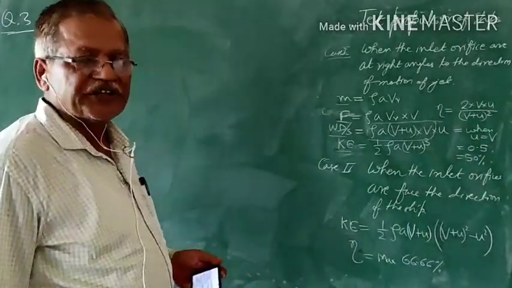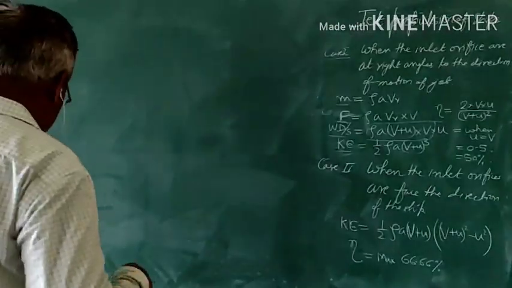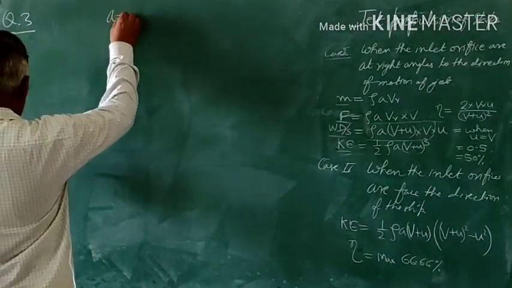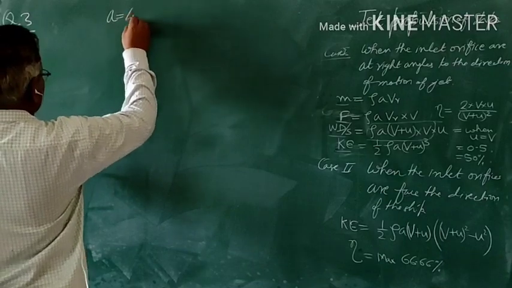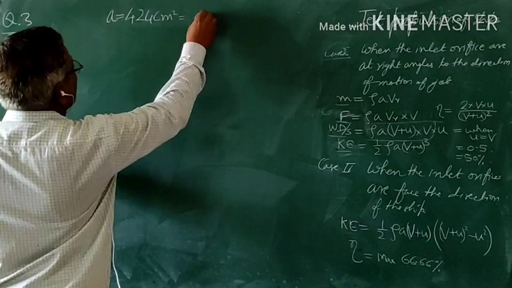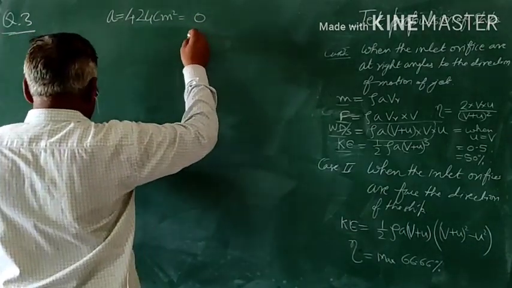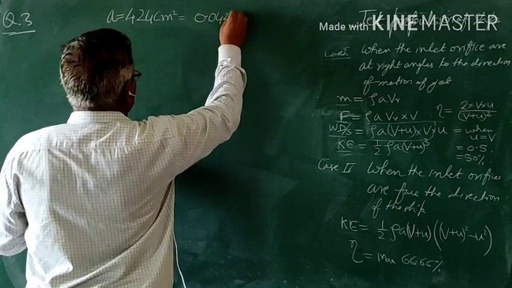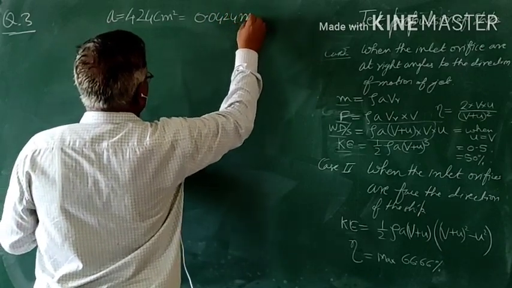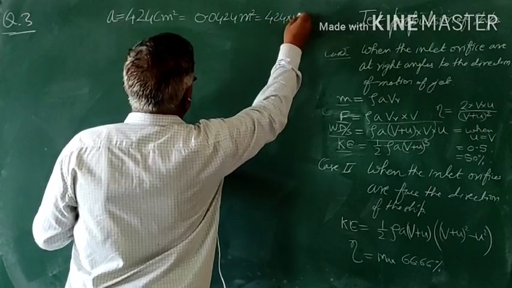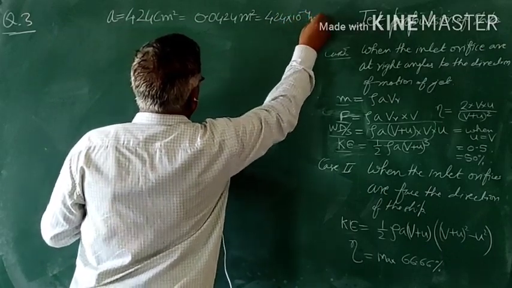In question number 3, it is given that the area of the jet is equal to 424 centimeters square, that is 0.0424 meters square, or you can simply write 424 into 10 to the power minus 4 meters square.